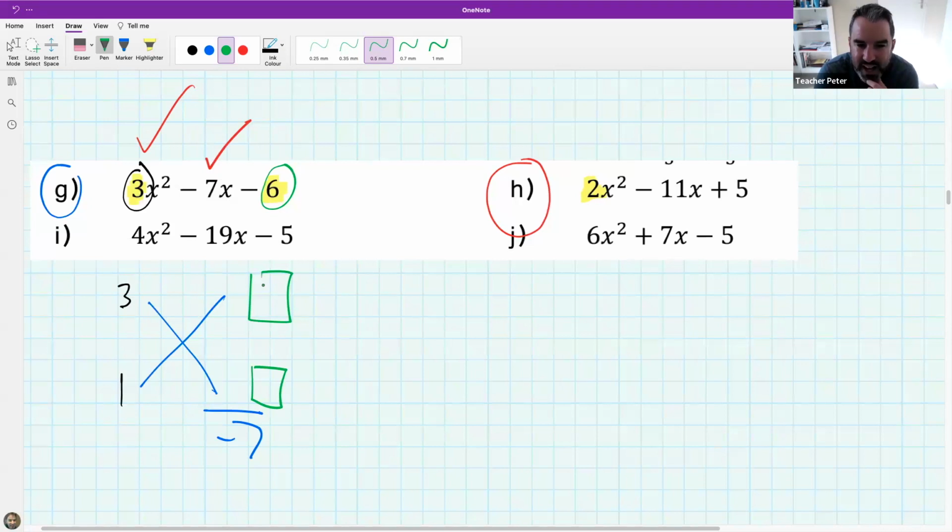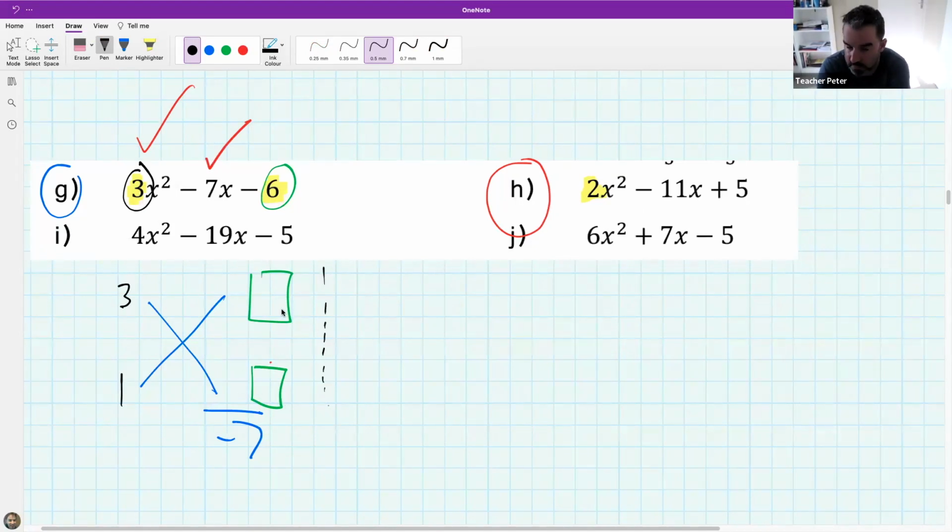So I'm either going to choose 3 and 2, or I could do it the other way around. I could say 2 and 3, or I could have 6 and 1, or I could have 1 and 6. So we have a couple of options here, but we know that when we multiply along and we get values, these two values need to add to the -7.